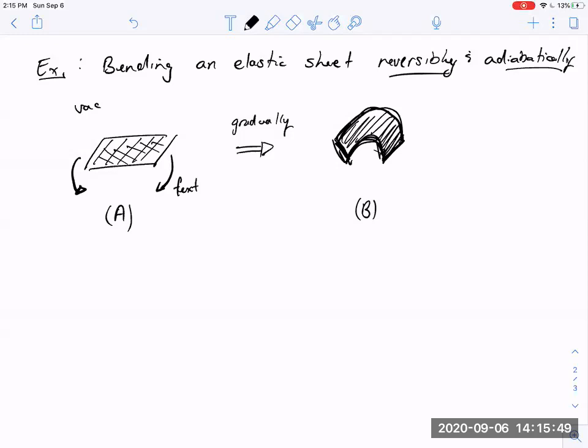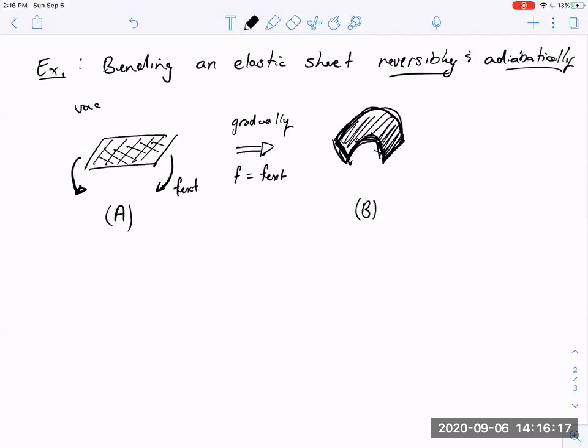What do we mean by applying a force gradually? Very specifically, we mean that we apply that force, this is some external force that we are applying, such that it is always in mechanical equilibrium with the force that's restoring or opposing that bending. That sheet left by itself would want to be flat.